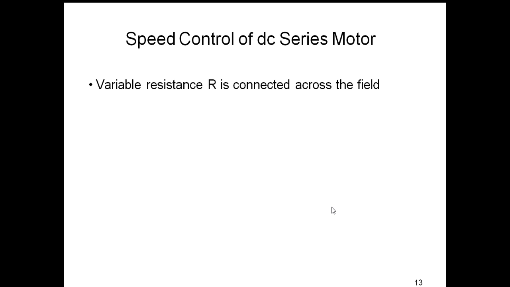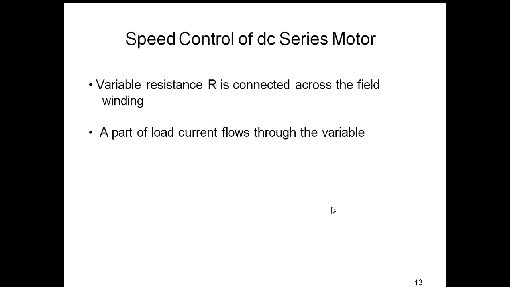I have already said a variable resistance R is connected across the field winding. In this, a part of the load current flows through the variable resistance under constant load.